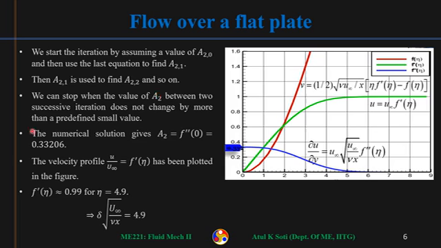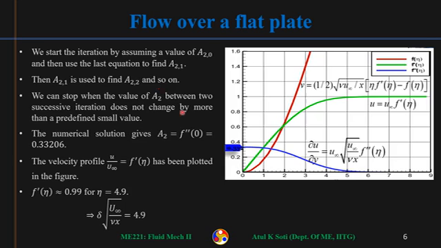If you are interested, you can try. After implementing this iteration on a computer, you will find that the value of a2 comes out to be 0.33206, and notice that a2 is nothing but f double prime at eta equal to 0. Once you know a2, then we know everything.